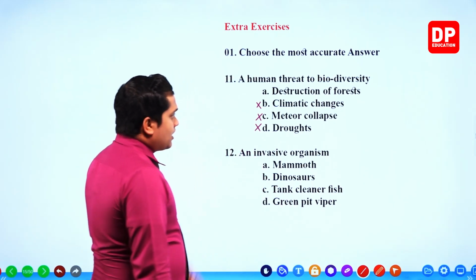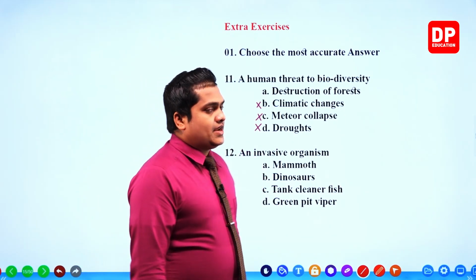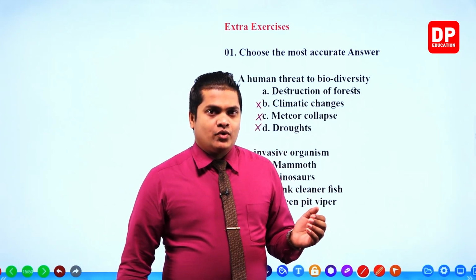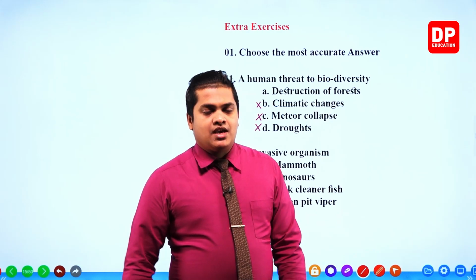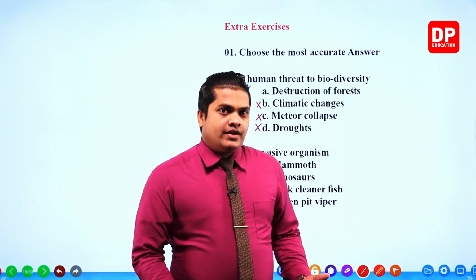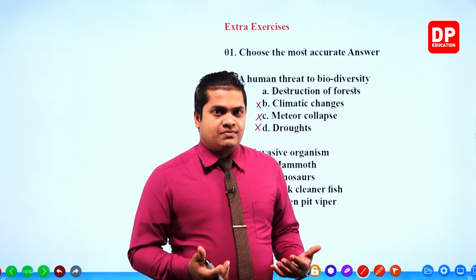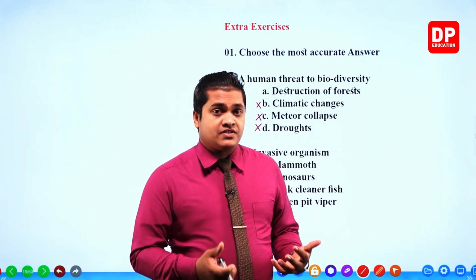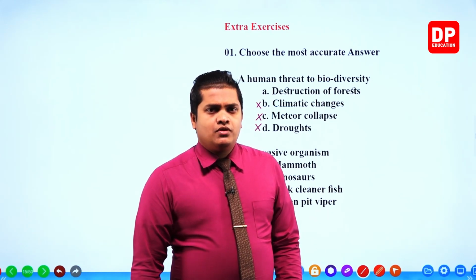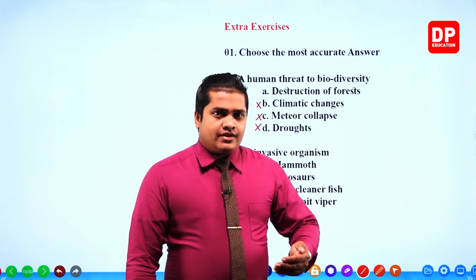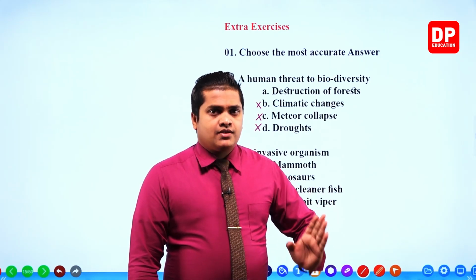And climatic changes, indirectly human activities result in climatic changes, but it is occurring naturally, right? Natural factors are the ones responsible for changing the climate of a certain area. So it's indirectly related, but we can cancel it out for this question.